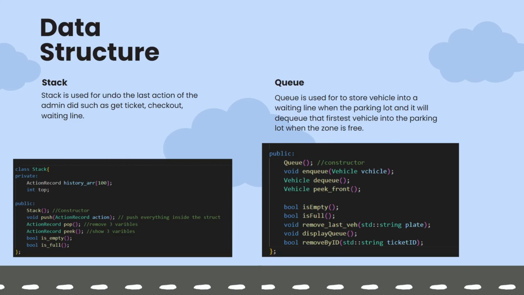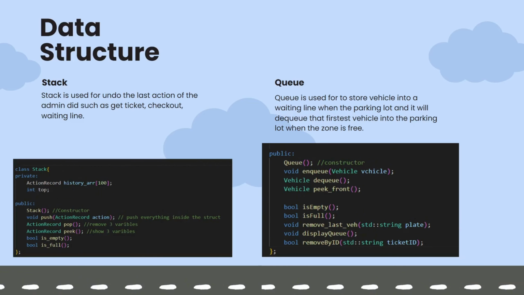And the next one is stack. We use the stack to undo the previous action. That means when the admin gets the ticket, checkout, or waiting line, and then the admin mistypes the plate number or the ID, we have the undo action.